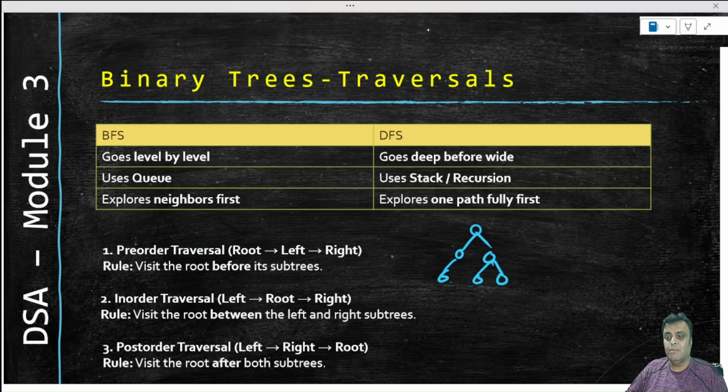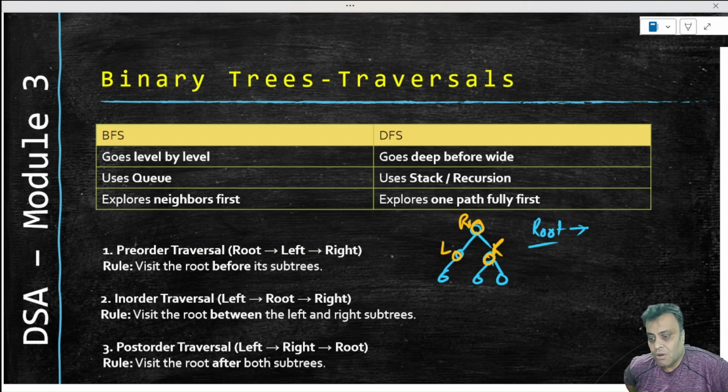Now pre, in, and post are directly related to the concept of the root, right? So you have to remember that the logic in which the traversal happens is based on the root. When I say pre, then the root is actually the prime axis. So root becomes pre. In every binary tree, you will have a root, you will have a left subtree, and you will also have a right subtree, or if there is no subtree, if it's a leaf, then it's a node.